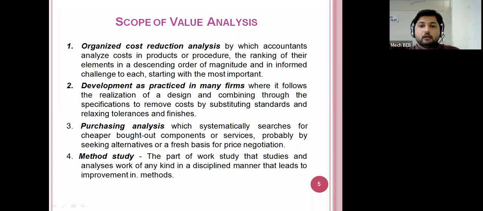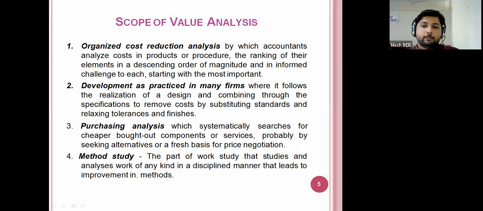Sometimes new fresh suppliers will be approached, and price negotiation will be done with that new supplier, because new suppliers want to increase their business. That will be helpful for the industry, as new suppliers will provide the material at a cheaper rate. That analysis we need to perform while purchasing the material.